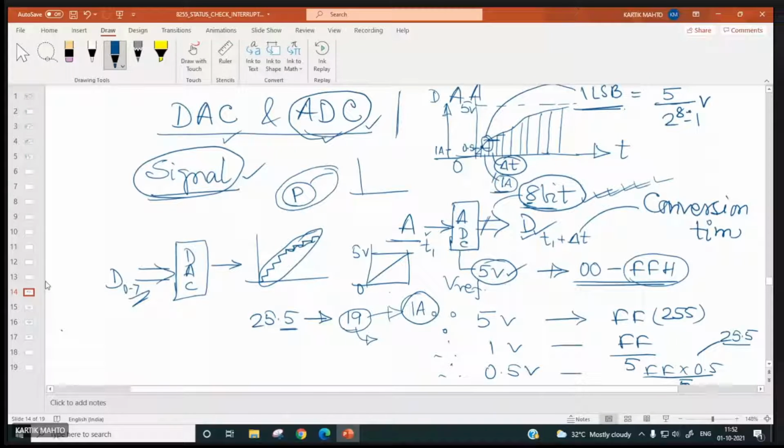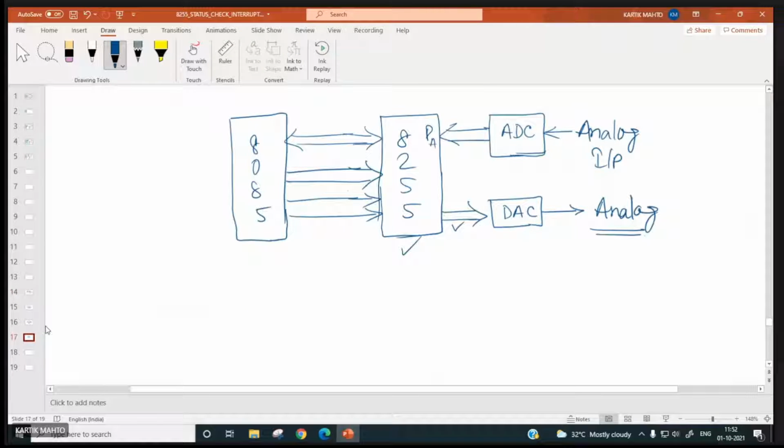Due to that spending of time, you find there is a delta T. And with this circuit, you do not know when your conversion is over and you are supposed to take the data. So that is why a handshake is needed here. The handshakes appear in terms of end of conversion and start of conversion.